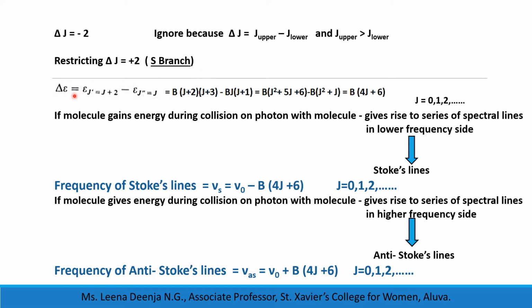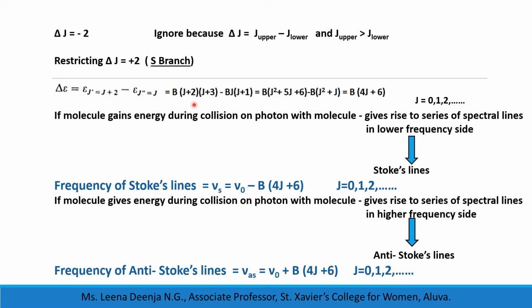The energy difference during this S branch transition is epsilon of J' equal to J plus 2 minus epsilon of J' equal to J. We know that energy is given by BJ into (J plus 1). So for the level J plus 2, it is B into (J plus 2) into (J plus 3), minus the lower level energy, BJ into (J plus 1).